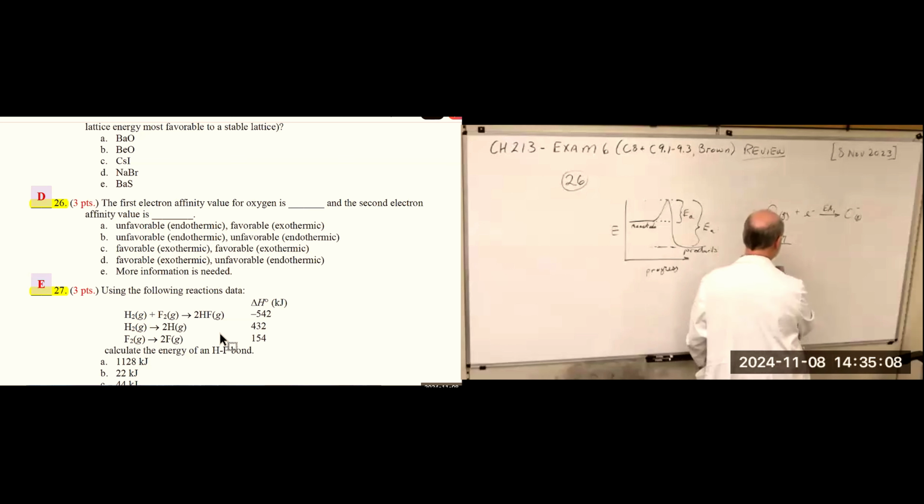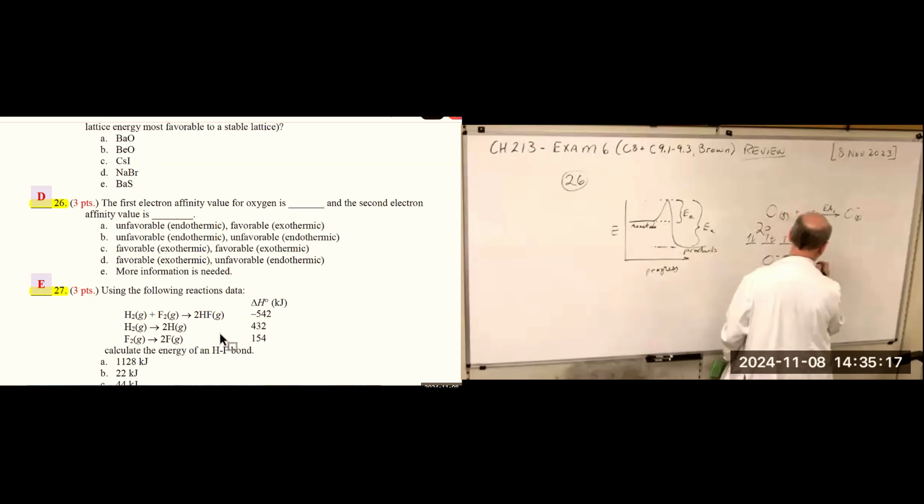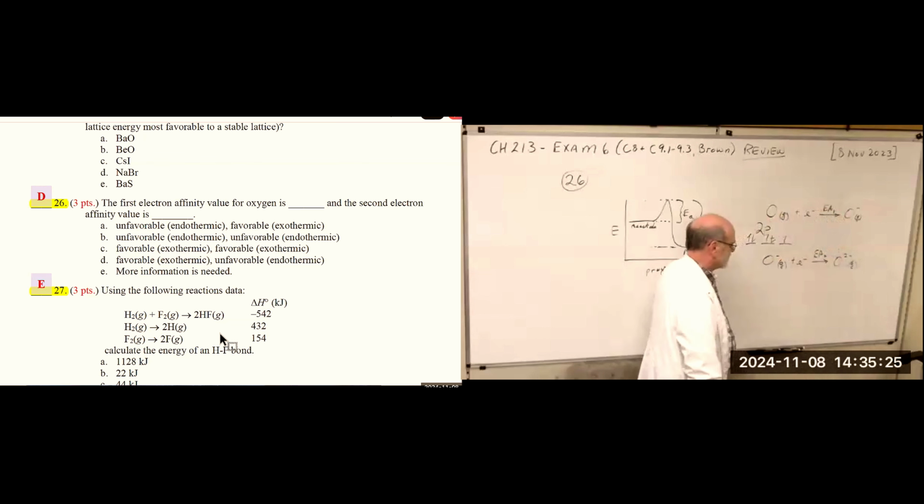Now if you do the second affinity, you've got a negatively charged ion.